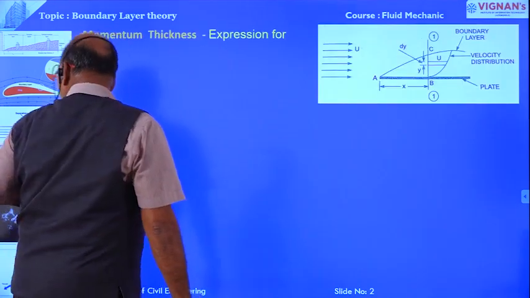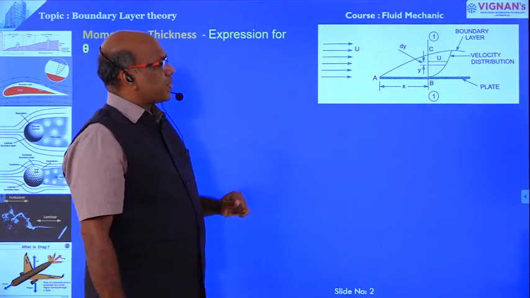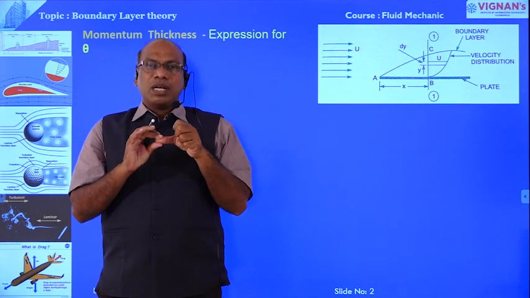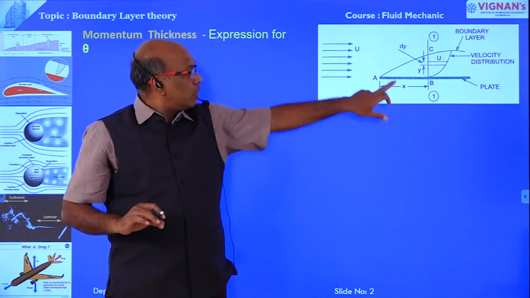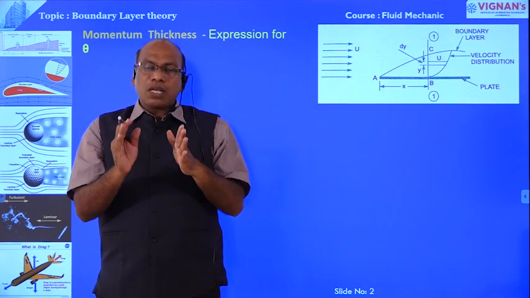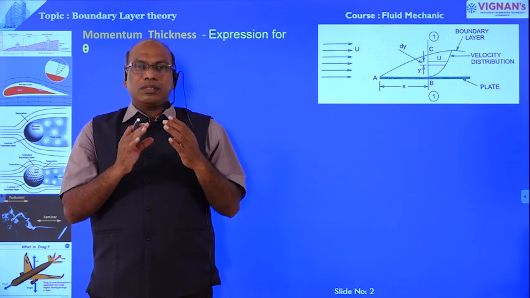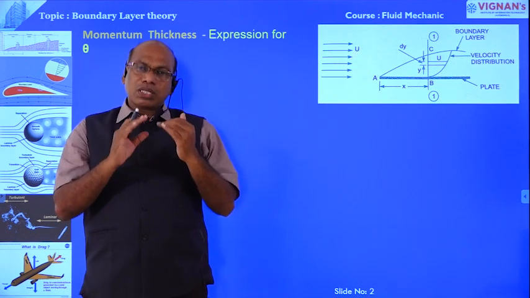Now we are going to derive the expression. In this derivation you have four points. Point number 1: presence of boundary layer, what is the mass of fluid? And absence of boundary layer, what is the mass of fluid?